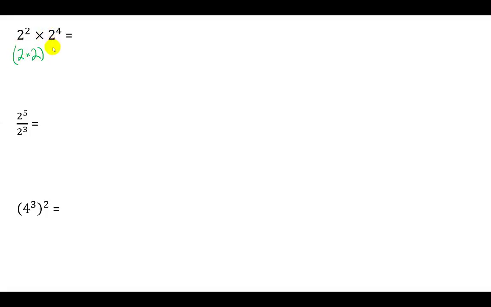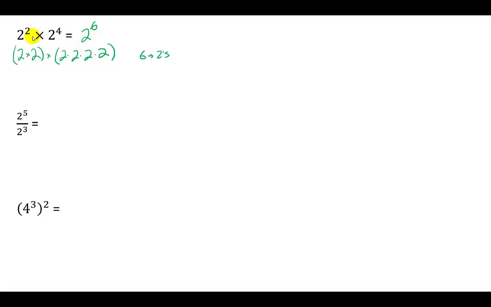If we have the same base and we're multiplying, 2 squared means 2 times 2, and we're multiplying it by 2 to the 4th, 2 times 2 times 2 times 2. Well, how many 2's do we really have? 1, 2, 3, 4, 5, 6. So we have 6 2's, and we could express that as 2 to the 6th, because the exponent tells us how many of the base we have.